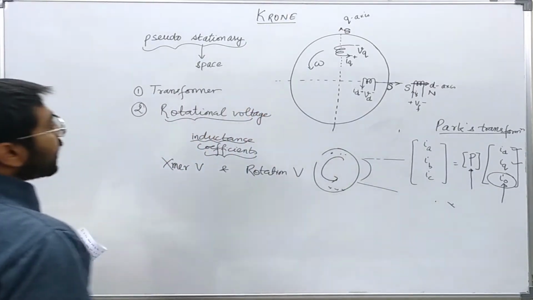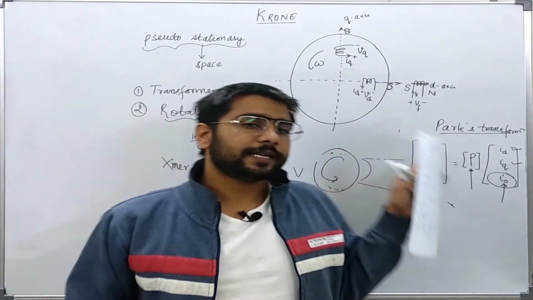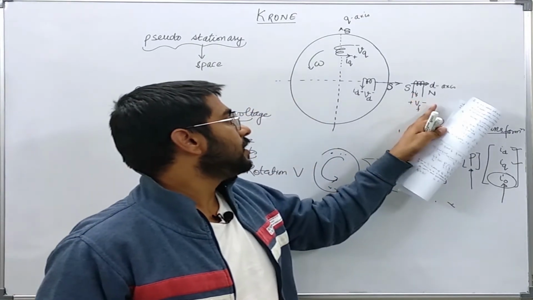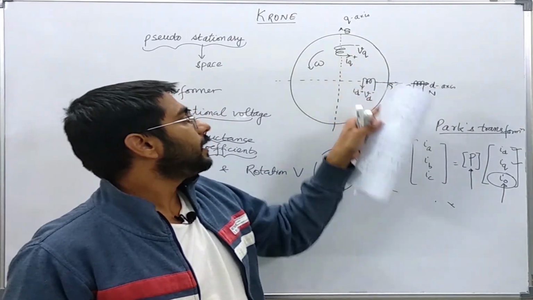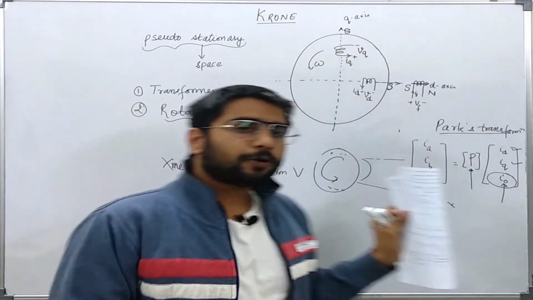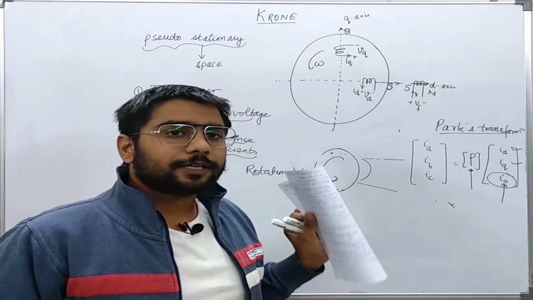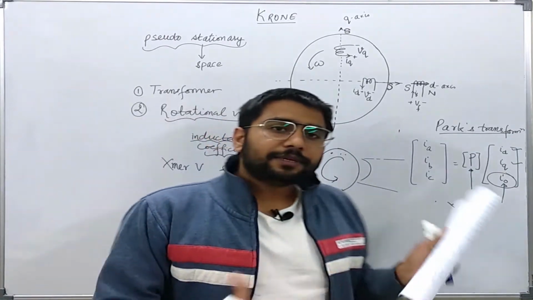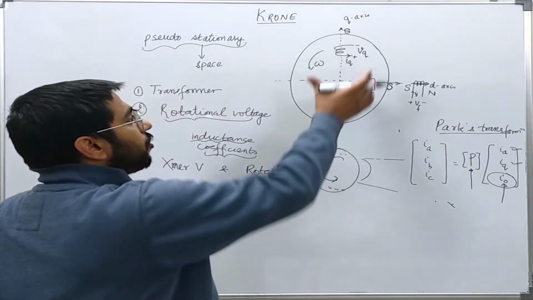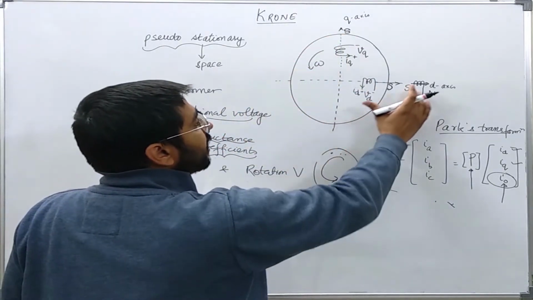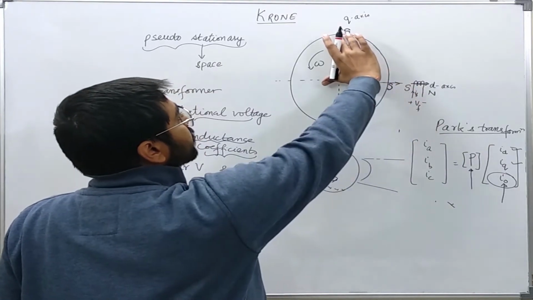Now let us write the equations for the various voltages in these three coils: first the field coil, the Q axis coil and the D axis coil. Up to now, I have just told that any general machine can be drawn in an equivalent form with windings on the D axis and the Q axis.